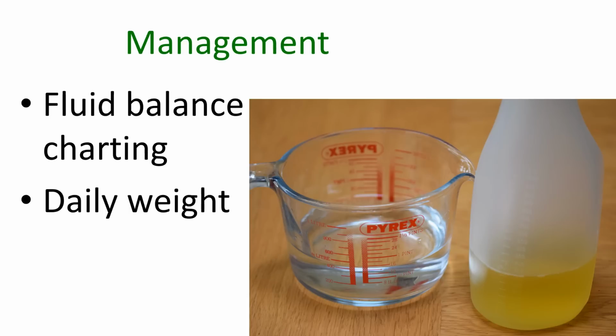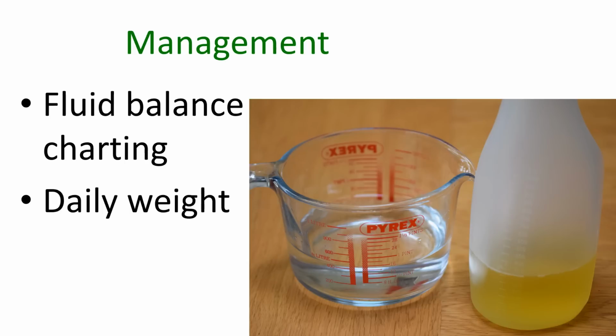Now, if you don't eat for 24 hours, you're probably going to use 250, at most 300 grams of fat. So you're not going to lose a lot of weight by not eating for 24 hours. So if a patient weighs 2 or 3 kilograms less today than they did yesterday, that's because they have lost water. Sudden changes in weight are due to fluid balance.